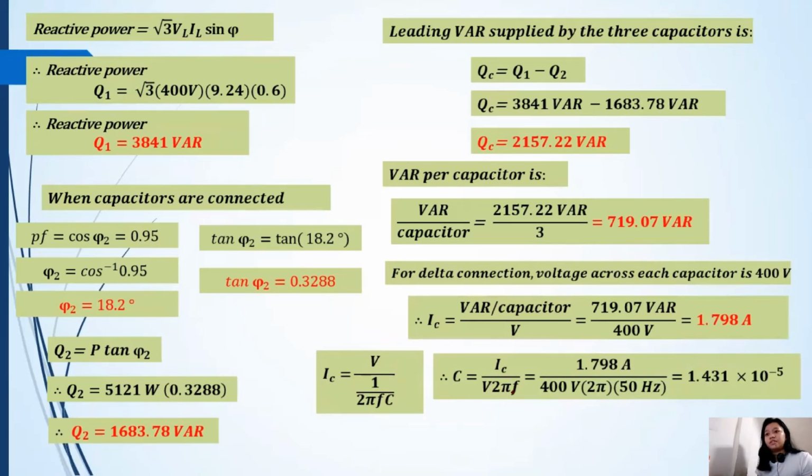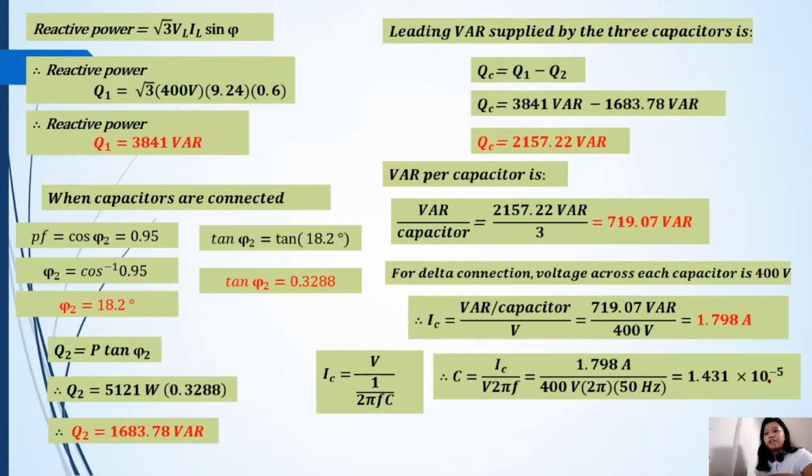It is given already, which is 50 hertz. So our IC here is 1.798 amperes all over voltage, 400 volts, and 2 pi times our frequency, which is 50 hertz. So we will be having an answer 1.431 times 10 to the power of negative 5.